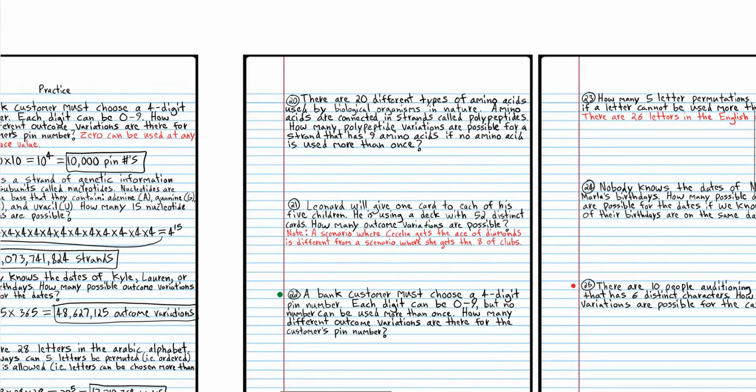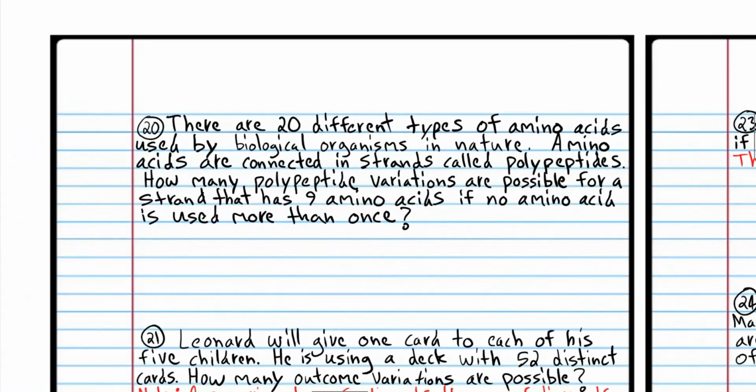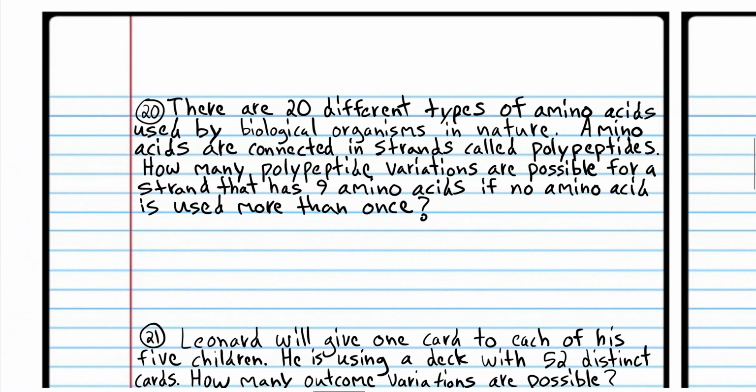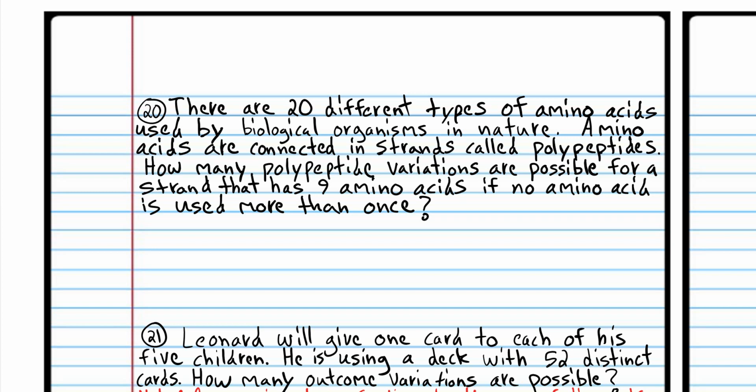So the first scenario is where we had a number of choices to make and the options were different for each choice. The second scenario is where we're making choices and each choice has the same number of options and repetition and permutations are allowed. The third situation, which we're doing now, is when you have choices to make and you're not allowed repetition, but you're still counting the permutations of the letters that you are allowed to use.